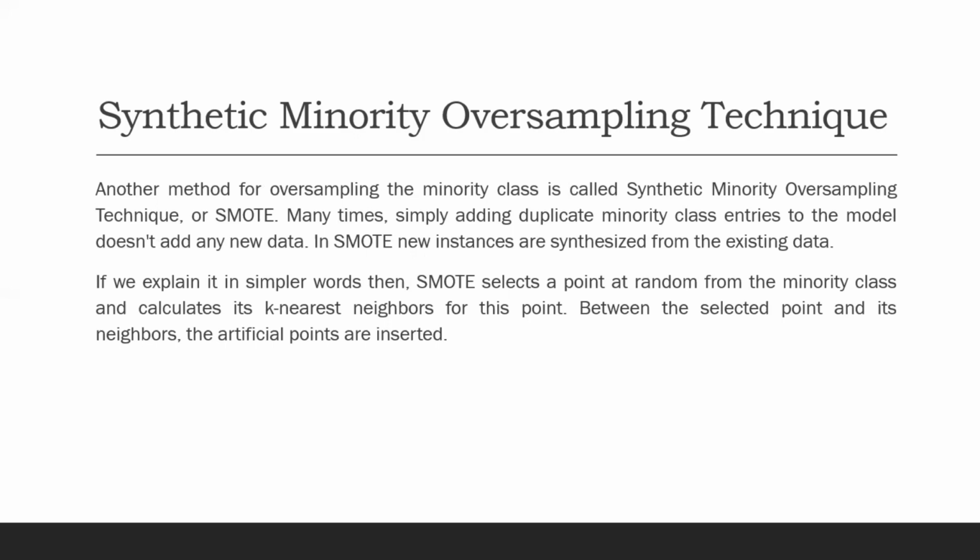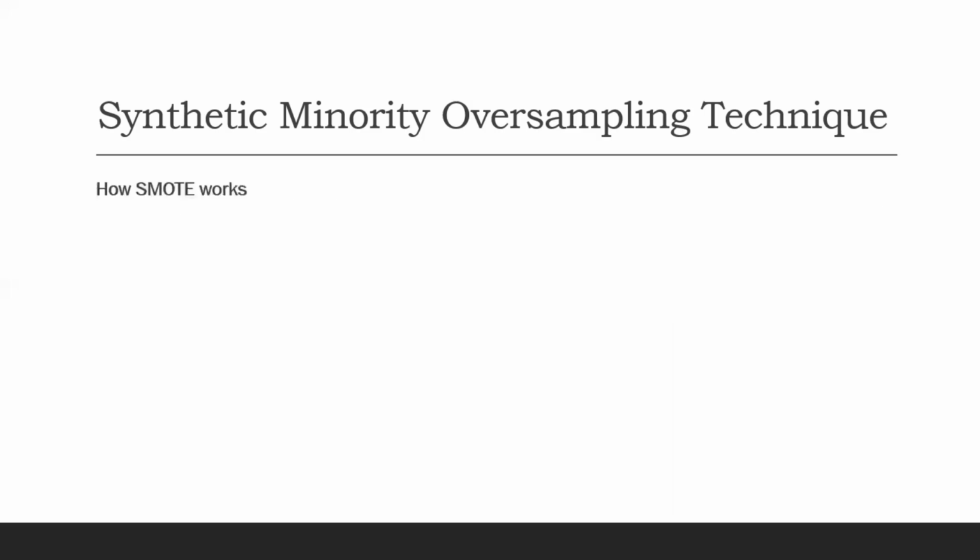In SMOTE, new instances are synthesized from the existing data. In simpler words, SMOTE selects a point at random from the minority class and calculates its k nearest neighbors. Between the selected point and its neighbors, artificial points are inserted.